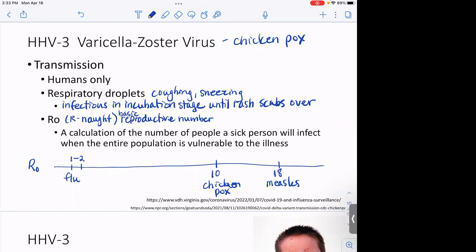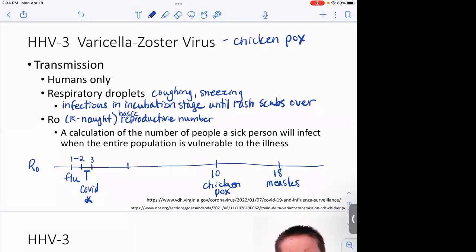The original COVID, now called the alpha variant, was somewhere between 2 and 3, so just a little more infectious than flu from the data that we have. Now the numbers get a little murkier because some people are vaccinated, some people are not.